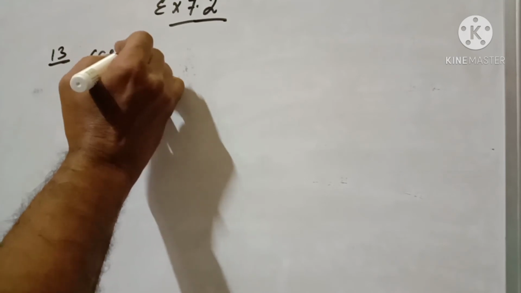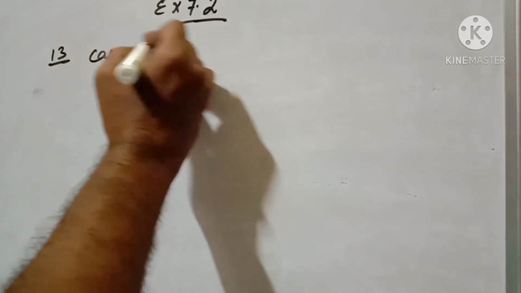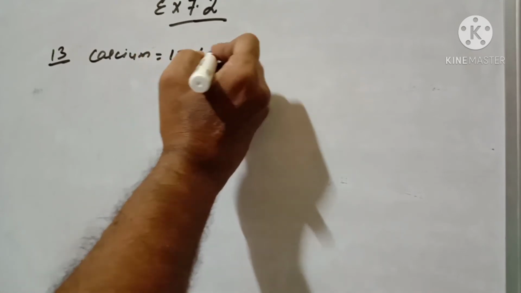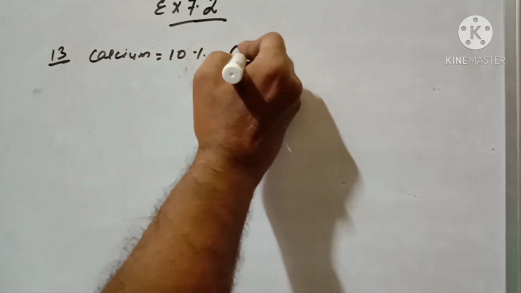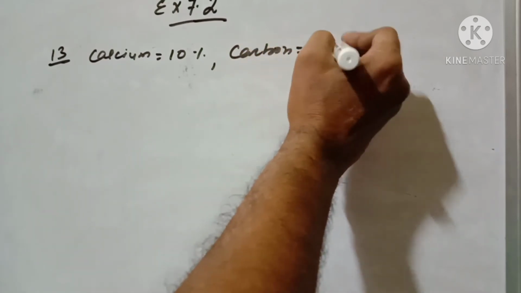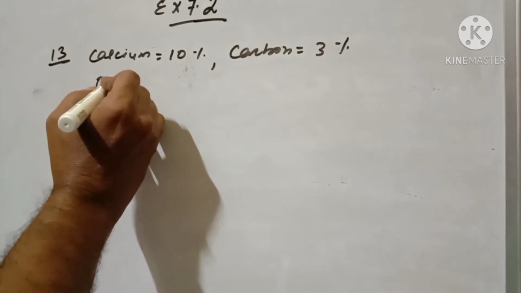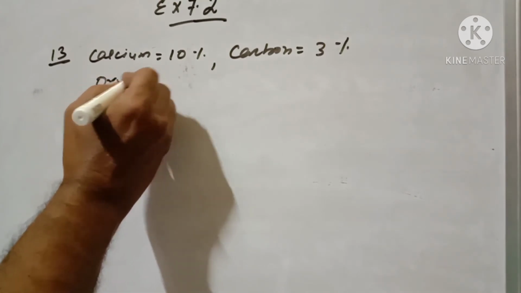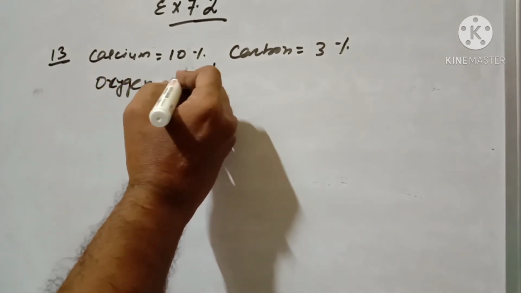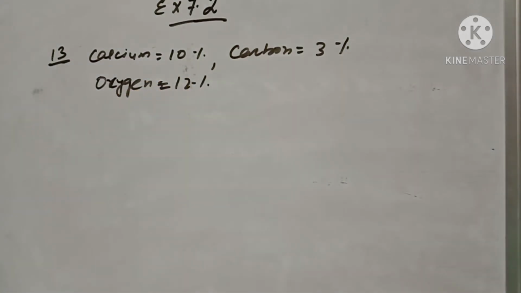Calcium equal to, it is given 10%. Carbon given 3%, and oxygen equal to 12%.